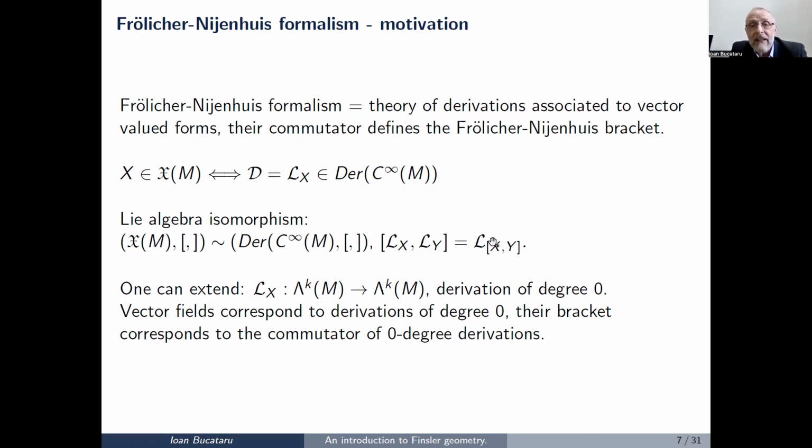So the Lie bracket can be thought of like that: the Lie derivation corresponding to the Lie bracket corresponds to the commutator of the Lie derivations. This is a very nice idea that can actually be extended to any derivation. Here these are derivations of degree 0 on smooth functions, but this can be extended to derivations of degree 0 on the space of forms of degree k.